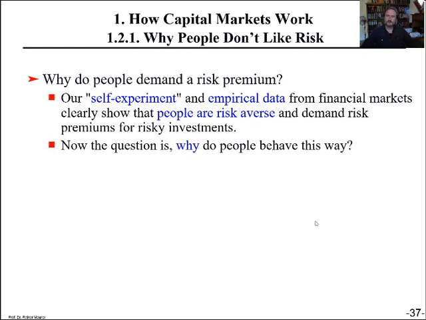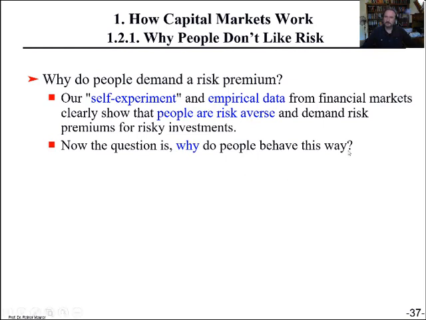Let's now turn to the question why people demand a risk premium. Why are people risk averse? Our self-experiment and empirical data from financial markets clearly show that people are risk averse and demand risk premiums for risky investments.